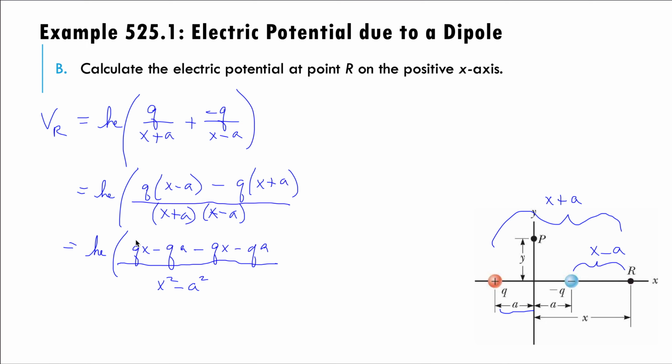And then we can see that these two terms cancel out, and we are going to get negative Ke, then we have 2Qa over x squared minus a squared. We do notice that the potential is negative, and see if you can think why that is. But it's simply because we're closer to the negative charge, so the negative potential dominates over the positive potential.